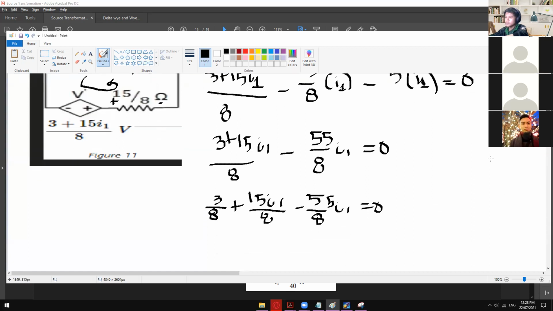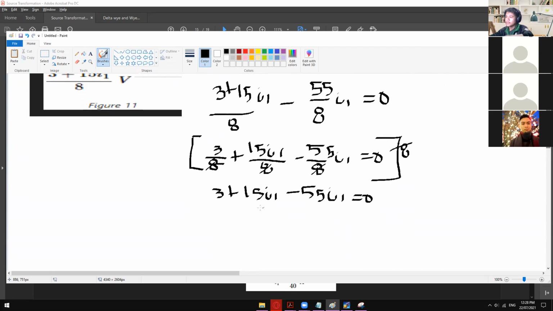And then from here, pwede na natin silang i-add lahat since they have the same denominators. Or just simply multiply everything by 8. Okay, multiply everything by 8 para lang mapakita, and then everything will be cancelled. Okay, and then we now have here 3 plus 15 I sub 1 minus 55 I sub 1 is equal to 0.